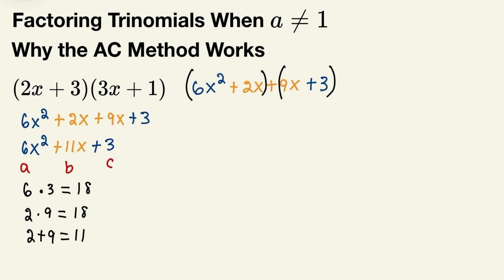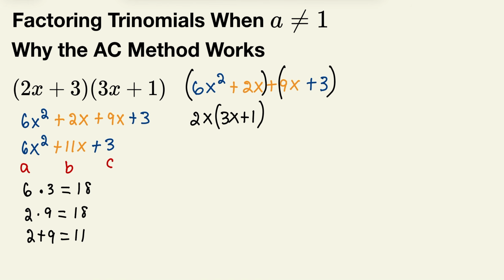So with this first group, we can factor out a 2x. And so that is 2x times what gives us 6x squared? Well, that is 3x. And 2x times what gives you 2x? Well, that is 1.